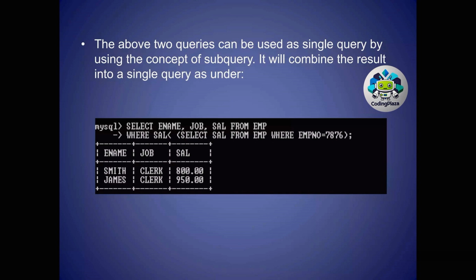As I told you, we can use comparison operators like less than, greater than. So select salary from employee; here it will return only one row, the salary of 7876, one value, 1100. So salary less than that, the clerks, Smith only. This is called a single-row subquery.